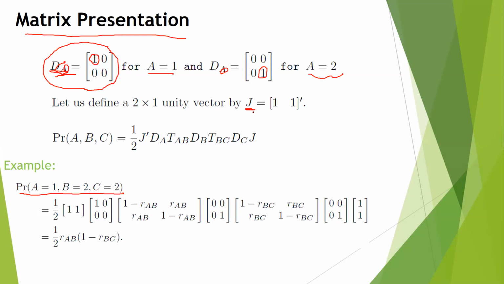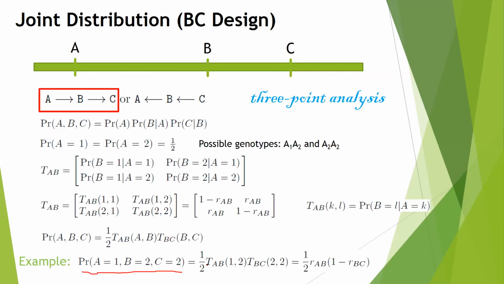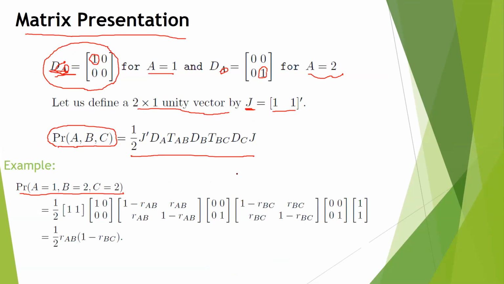Here we use J equals a 2x1 unity vector, just one element 1, 1 in this vector. And so we can express this joint probability this way. This is exactly the same as here, but using the matrix presentation. All right.